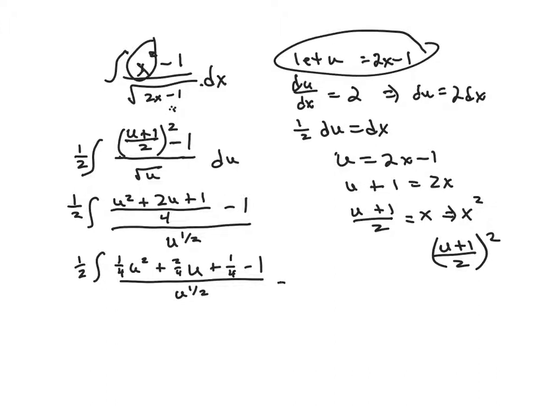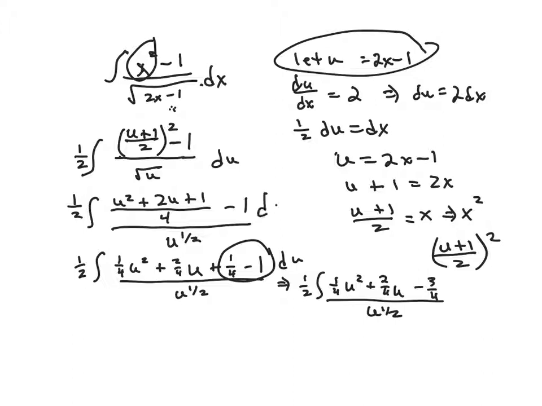All right, so then from here, I can combine these two terms because they're both constants. They're ugly, but they're constants. So 1/4 u squared plus 2/4 u minus 3/4. All of that over u to the 1/2. Oh, I keep dropping the du, sorry. You can't drop that till you take the antiderivative.